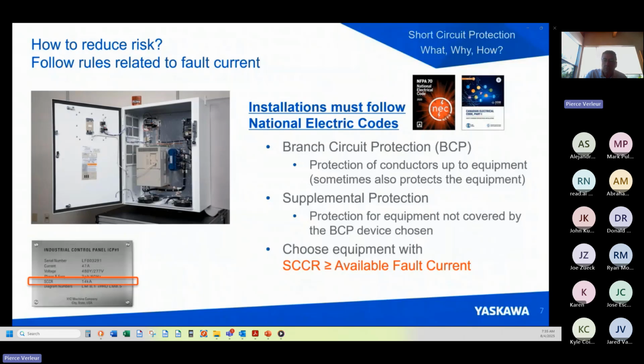So obviously, if there was more available fault current where the power is connecting to this panel, it would not be sufficient, or the available fault current would somehow have to be reduced. Another important point: when installing equipment, you absolutely must follow the equipment instructions, which we'll get into some of these details.